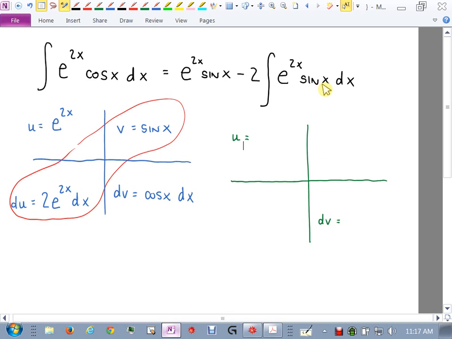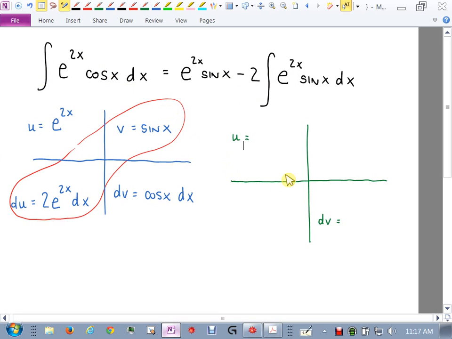Wait a minute, hold on. That's not arc sine, that's sine. So the derivative would be cosine, right? And your integral would be 1/2 e to the 2x. And then when you put it together, you would get things to cancel, and you would get this integral equals itself.